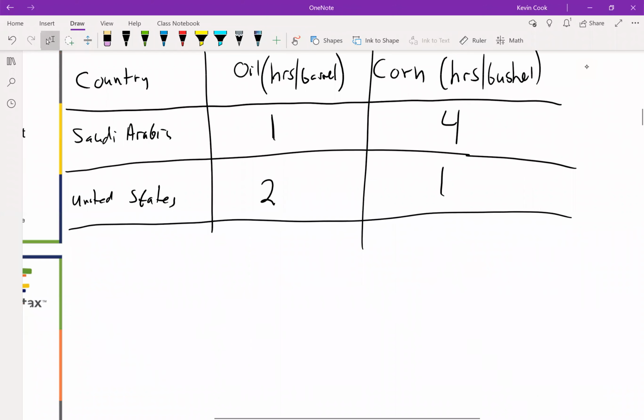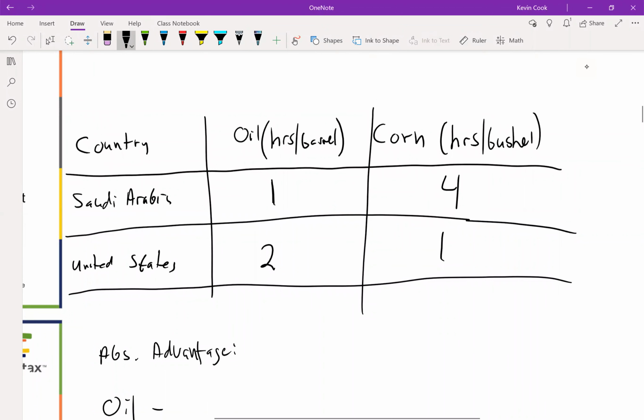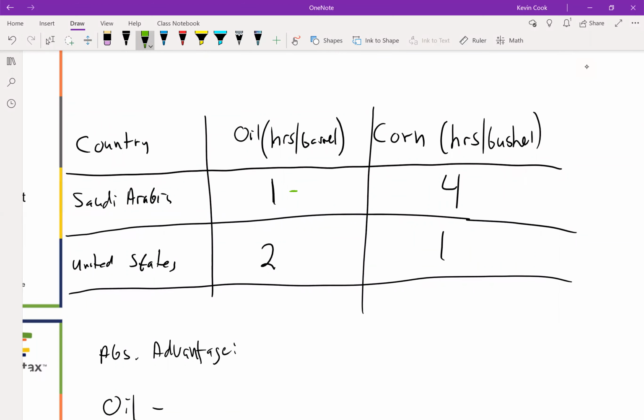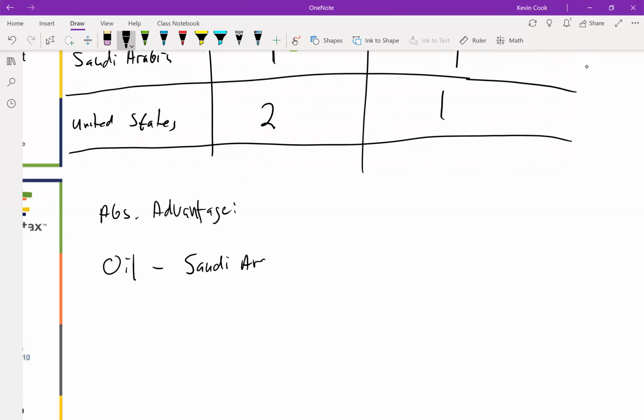So when we think about our absolute advantage, we can think about this for each country. First, for oil, in this case, we see that Saudi Arabia can make oil with only 1 unit of labor, while the United States takes 2 hours. So Saudi Arabia, in this case, will have the advantage in the production of oil.